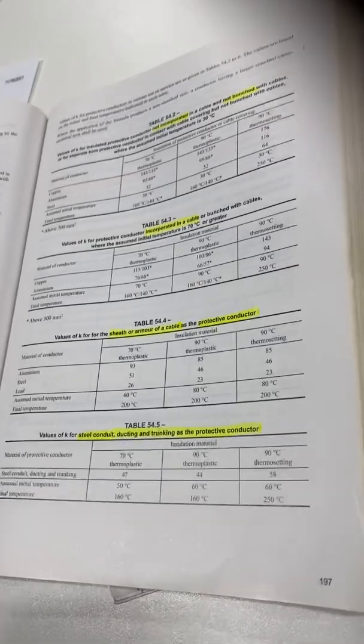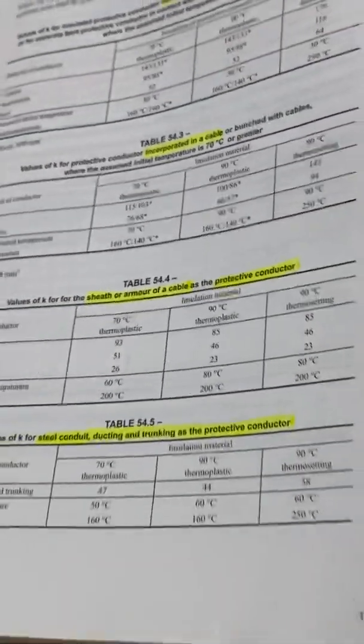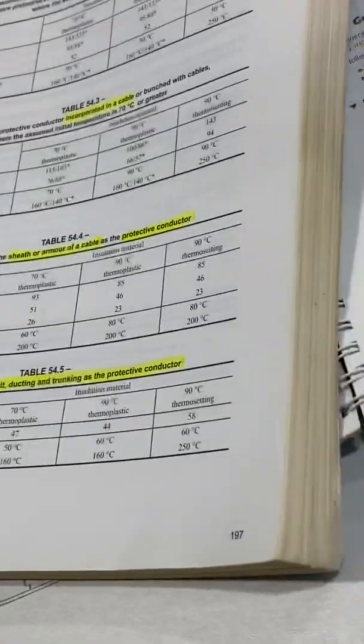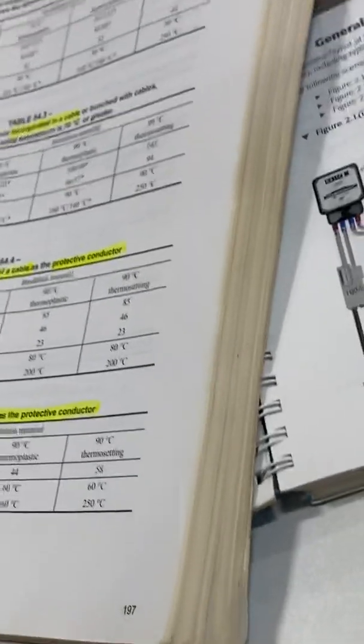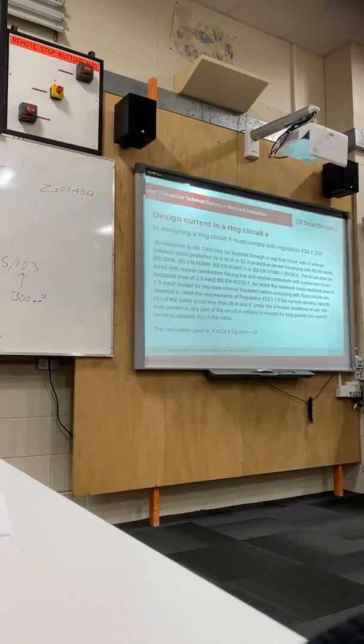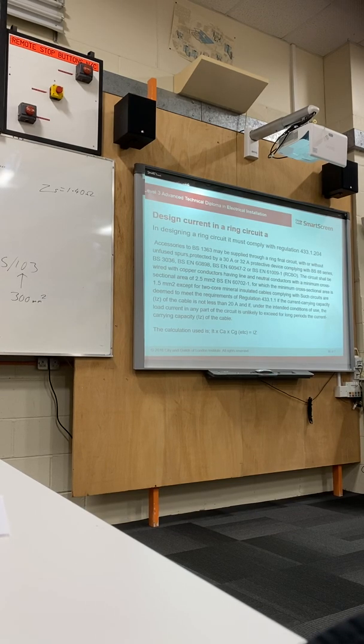The 103 is for a cable above 300 mm squared. So for us, K is going to be 115. Do you all match up with that? Most commonly, for most calculations you'll ever use this for, K is going to be 115.